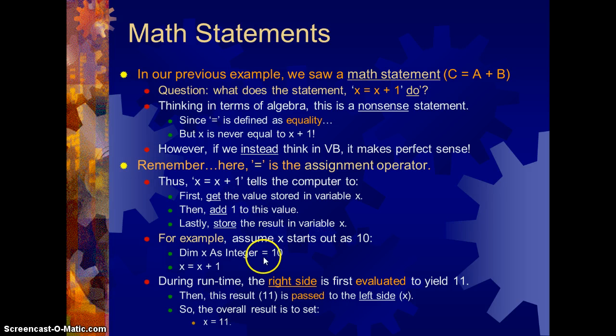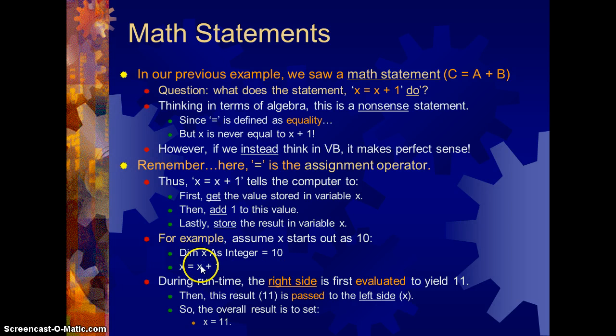Okay? So let's look at an example here. Suppose dim x as integer equals 10. We said that we can do this, and this is called initialization. So that means x is now equal to the value 10, or the value 10 is stored in the memory position where x is labeled. So x has the value 10.